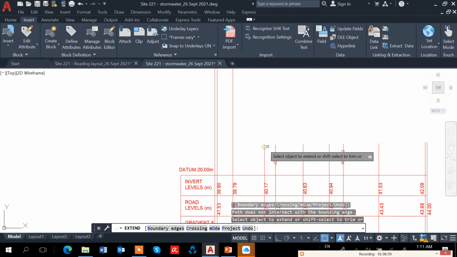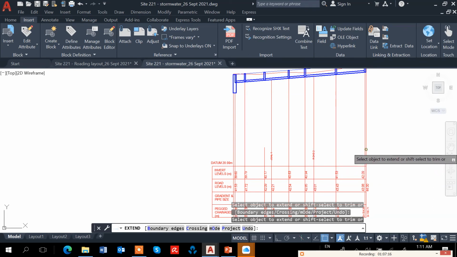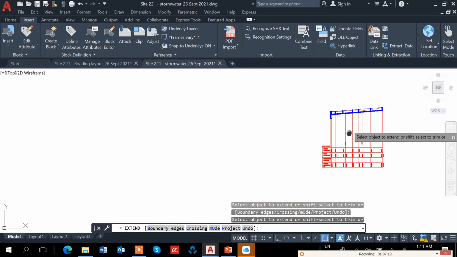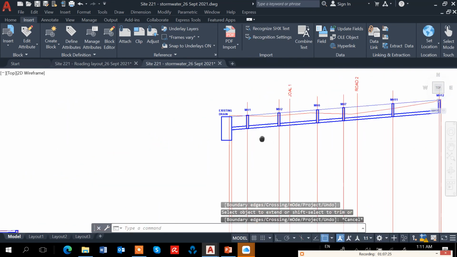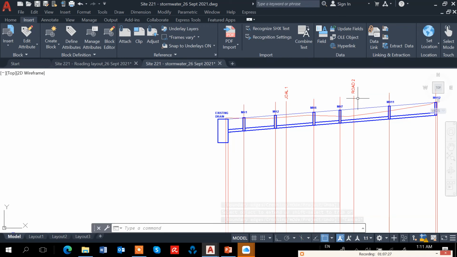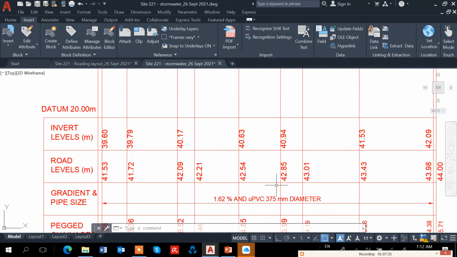So you extend it. Okay, just extend the line. Then you need to do the labeling to label all the manholes, and you put manhole 1, manhole 2 inside. I think I made a mistake here.